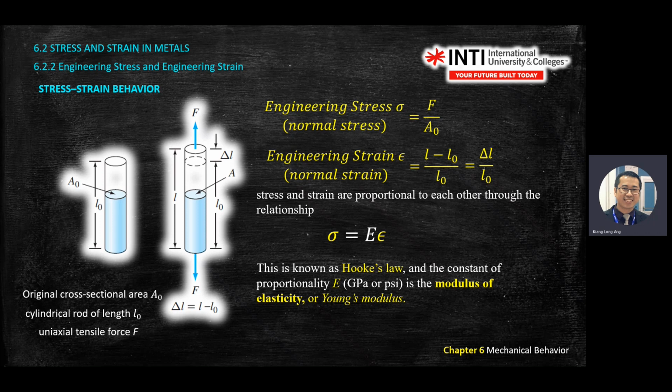In this case, what is your y? Stress. What is your x? Strain. So by looking at the slide, what is your m? It is your E. So you rewrite this into Hooke's law: stress equal to E strain.